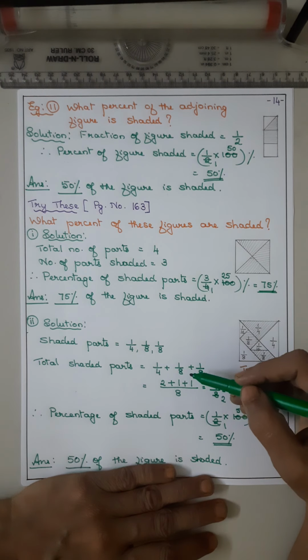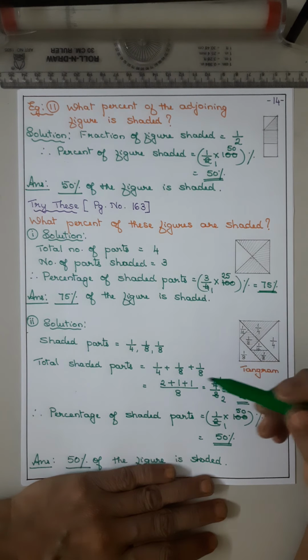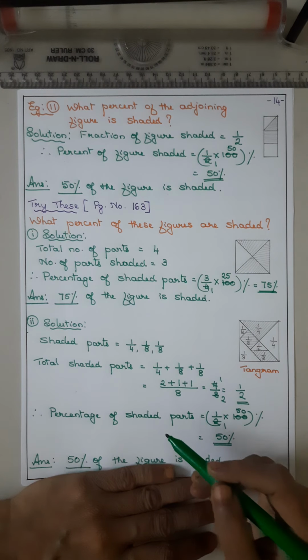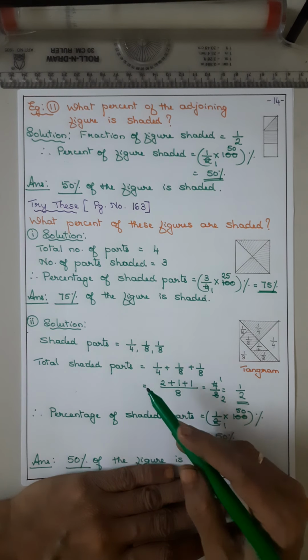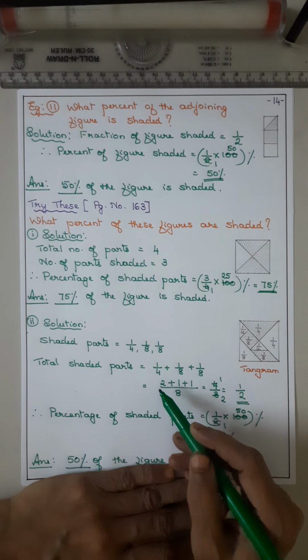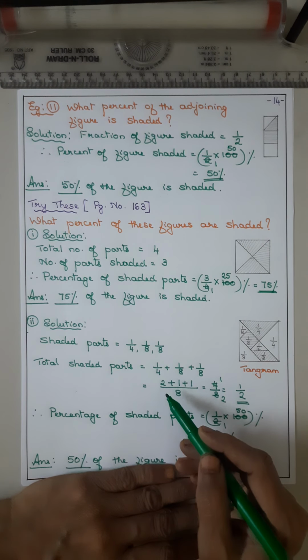So 1 by 4 plus 1 by 8 plus 1 by 8. When you add the fractions, you have to take the LCM. Now 4 और 8 में LCM क्या आएगा? 8. Now 4 2s are 8, 2 1s are 2. So 1 by 4 is converted into 2 by 8, isn't it?